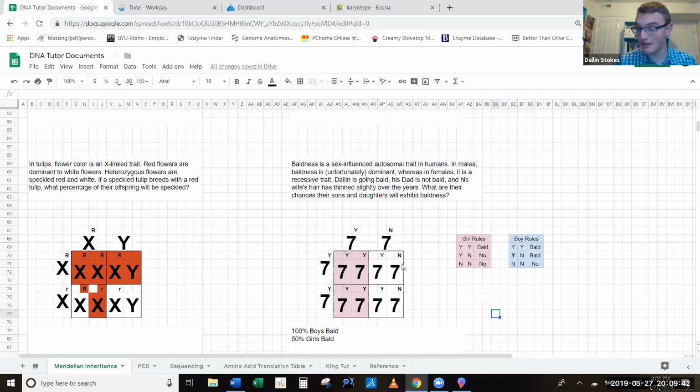So what would it be like if all 4 of these were boys? What would it be like if all 4 of these were girls? Based on what I determined estrogen and testosterone's preferences were. So 100% of the sons of this couple will be bald, but only 50% of the girls will be because of estrogen and testosterone's preferences.